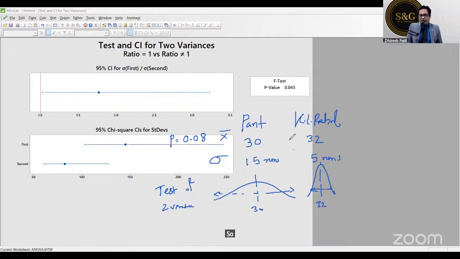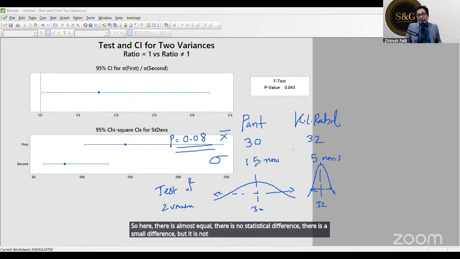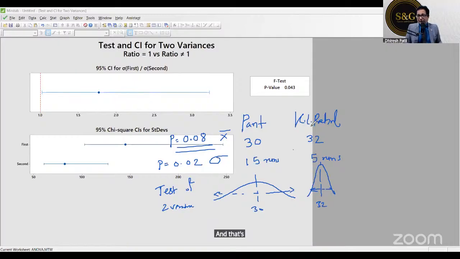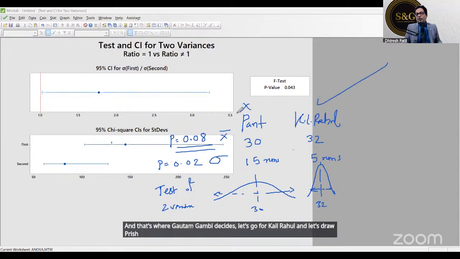Here the means are almost equal. There is a small difference, but it's not a statistical difference. But if they check the difference in variation, the p-value will be, let's say, 0.2, and that's where Gautam Gambhir decides to go for KL Rahul and drop Rishabh Pant. Are you clear?